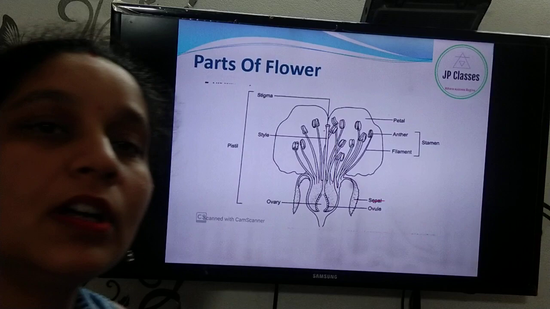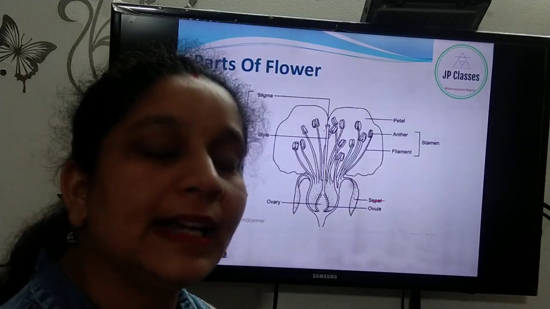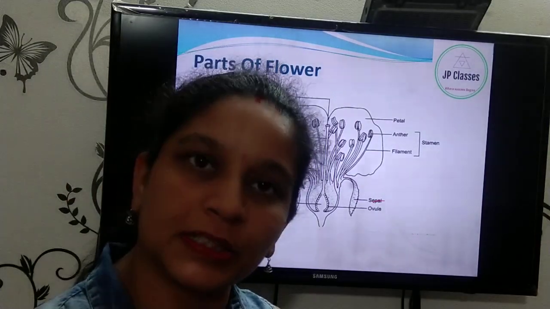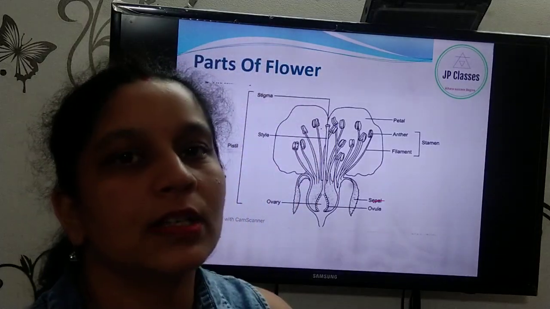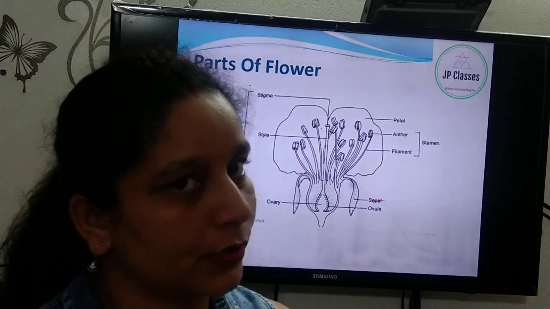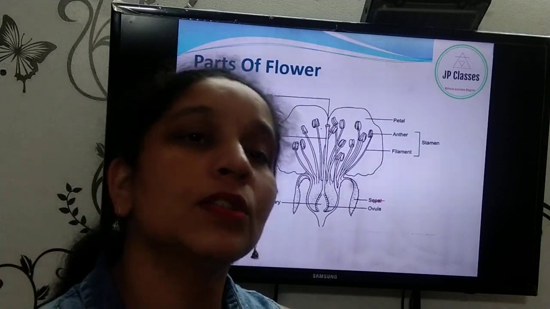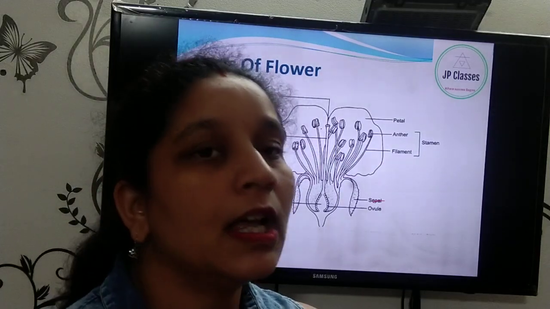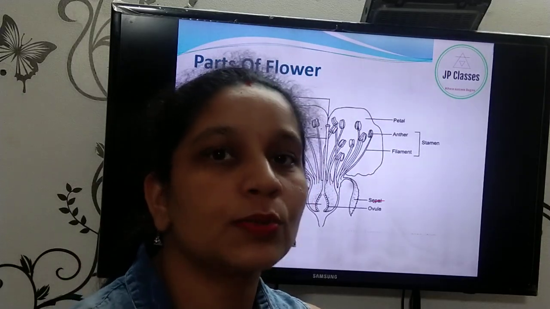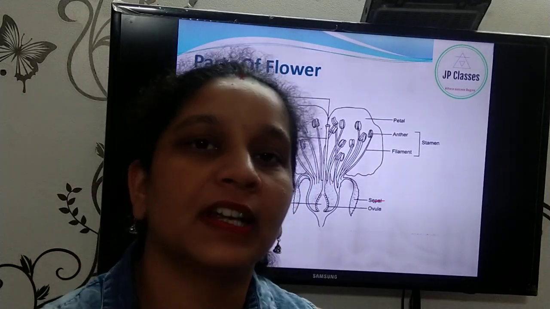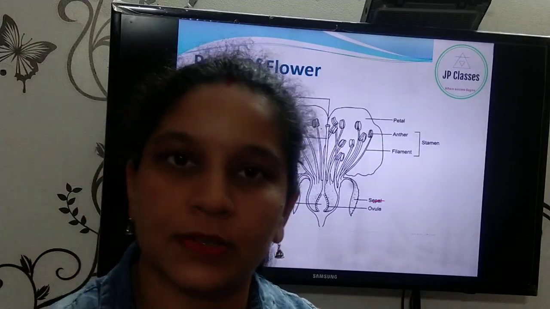So, the role of a sepal is to provide protection to a flower at the bud stage. Besides that, when it is green, it performs photosynthesis, and if it is non-green, or colored, it attracts insects by giving fragrance, odor, smells, etc.